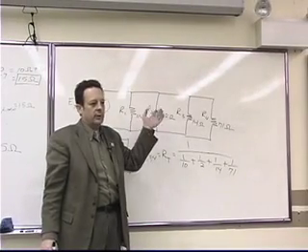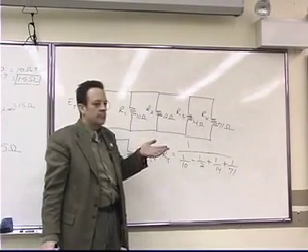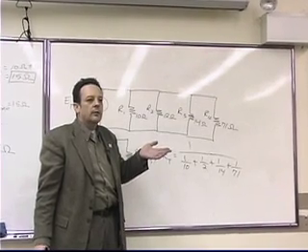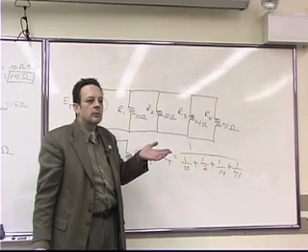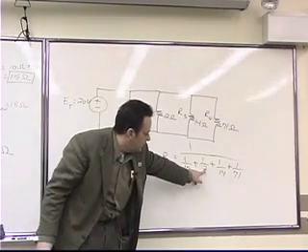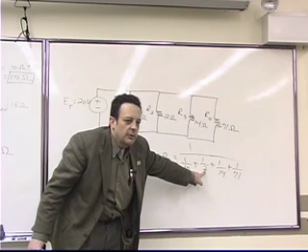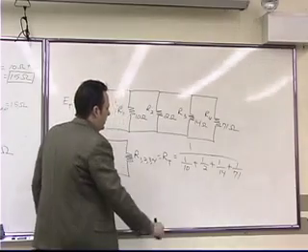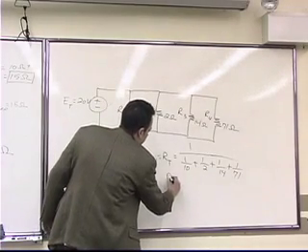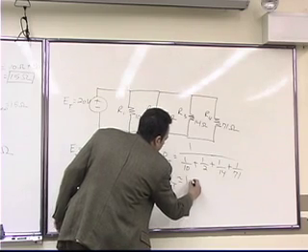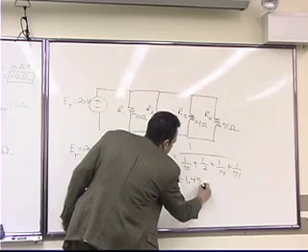Okay? Now, in that previous example, we went through the keystrokes, but for those of you that are pretty quick with it, what do you get? 1.45. Couldn't be 13, right? 1.45, okay? So the total equivalent resistance is approximately 1.45 ohms.